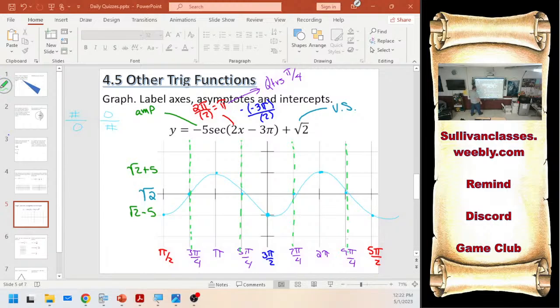And the reciprocal of 1/2 is 2. So all of these hills, all these crests and troughs become maximums and minimums of U's.